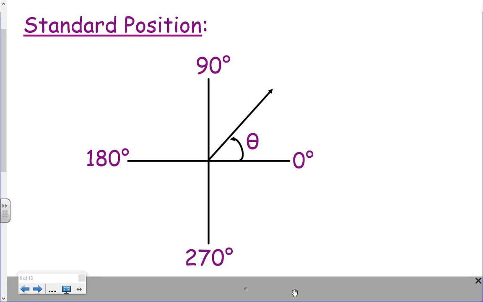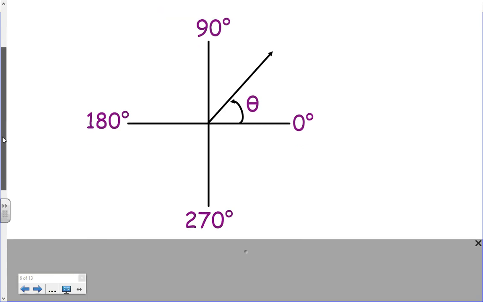So 90 is the positive y-axis, 180 is the negative x-axis, 270 is the negative y-axis, and back around to 360 or 0 at the positive x-axis. That's standard position. Basically everything we've done with angles since we started trig has been in standard position.